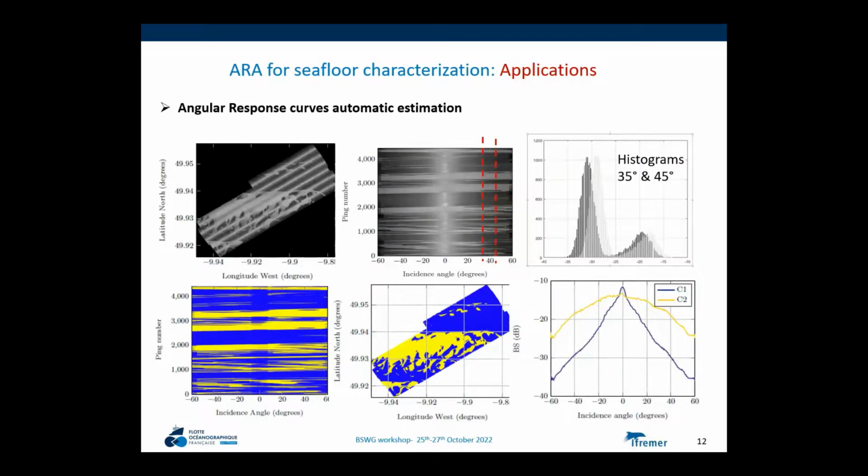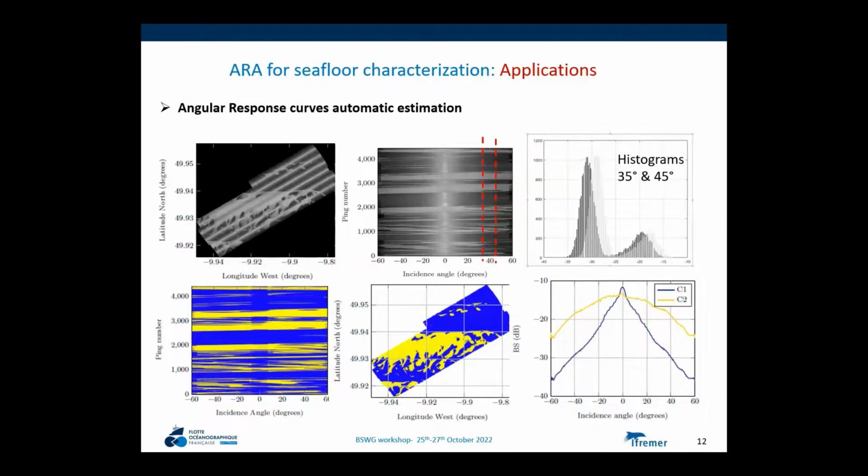Now, as I said before, we don't use the mosaic to analyze the backscatter. We use what we call the beam geometry, and we look at 45 degrees each time. Here we have an example histogram, to detect how many sediment types we have in our data.